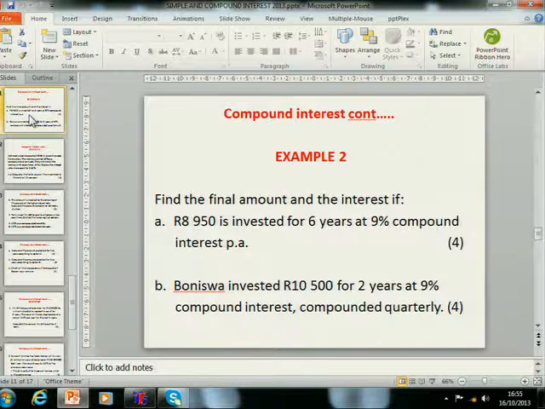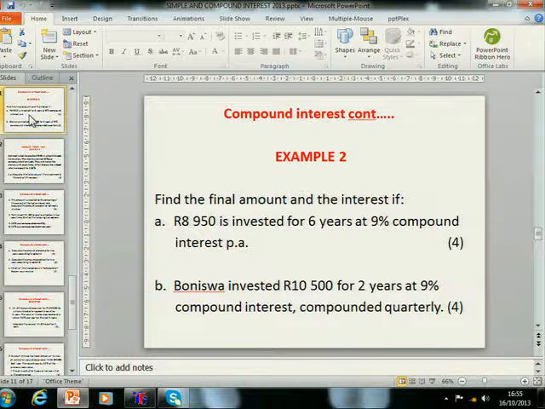So now let's see what we have there. We have our P, principal amount, which is 8,950. What else do we have? We have the n, which is 6 years. Then we have our i, which is 9%, and it's compound interest per annum.